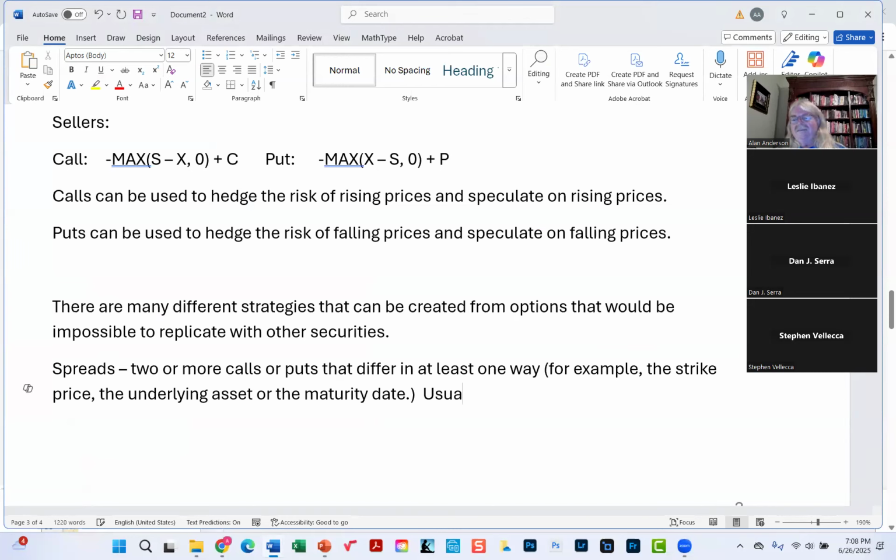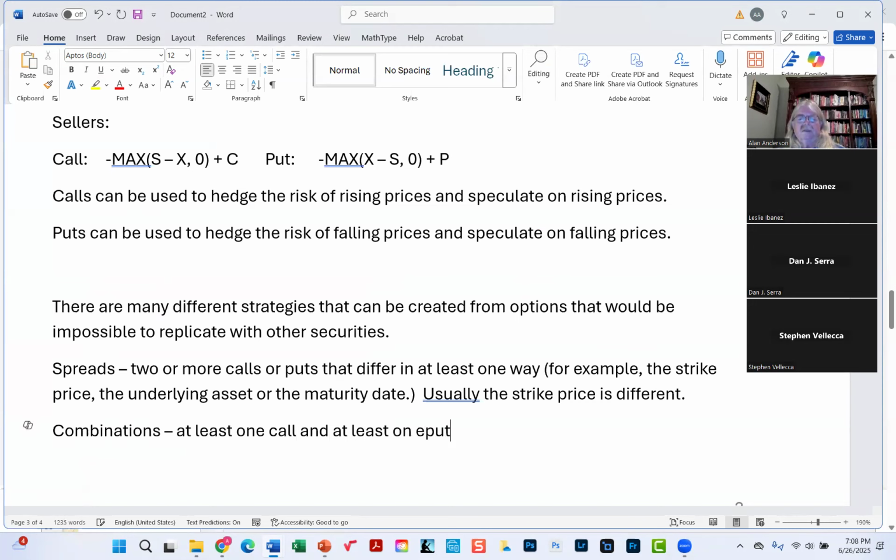Usually it's the strike price that's different. And then we have combinations, at least one call and one put. And then that's all you have to specify because they can be literally identical to each other in every way.